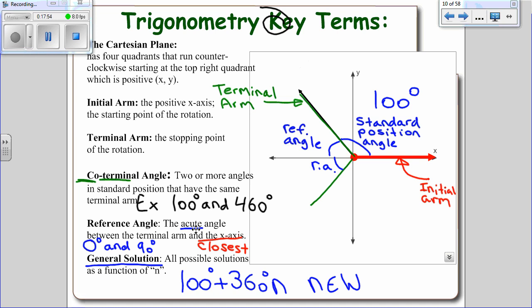So general solution, n can equal any whole number. How would that be a question? Anything? What do you mean? You put the standard position angle into the equation. Yeah, I see what you're saying.